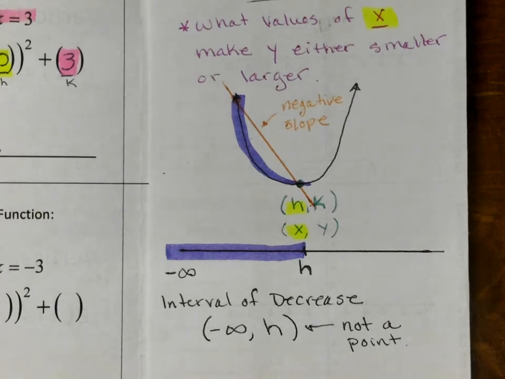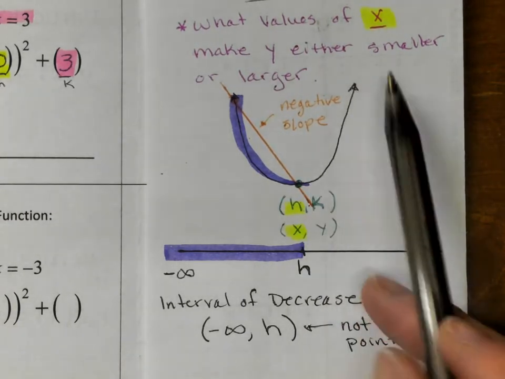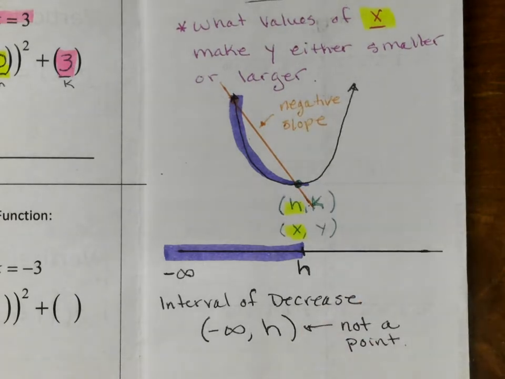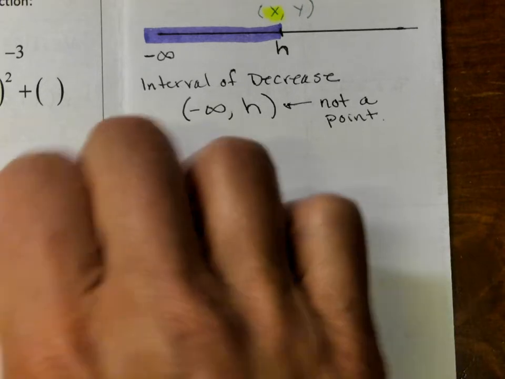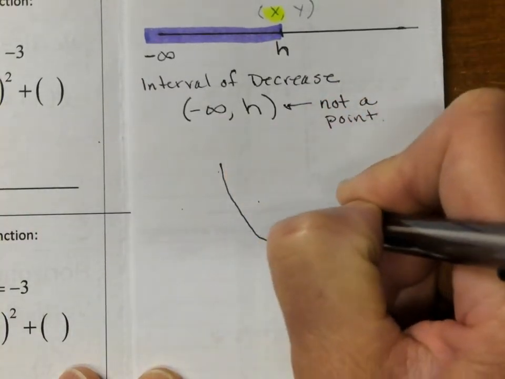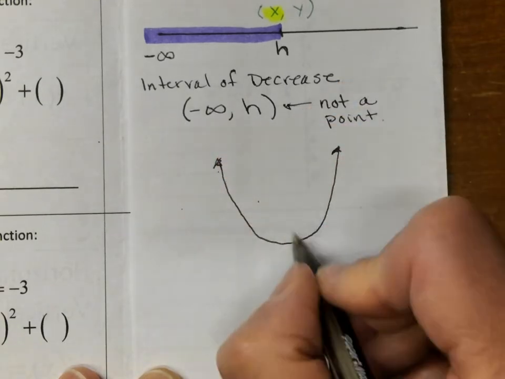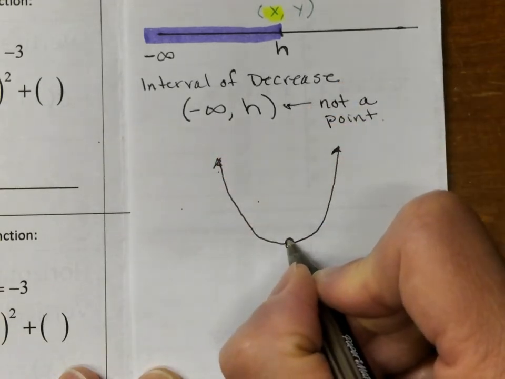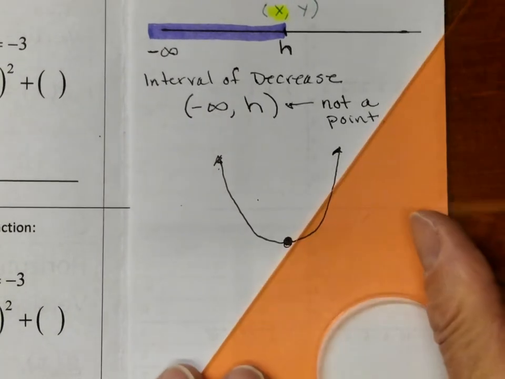Okay, so that parabola had something else on the other side, right? So instead of writing it on here, which I could, I'm just going to pretend it's the same parabola. It's not going to look the same, but let's just pretend. So I'm going to draw that here. I'm going to put my vertex. And then remember, I want to look at this side.